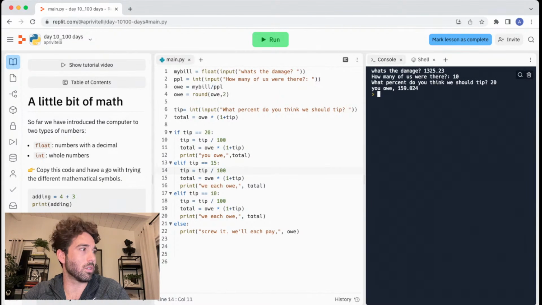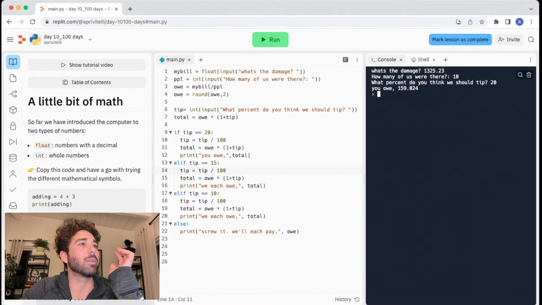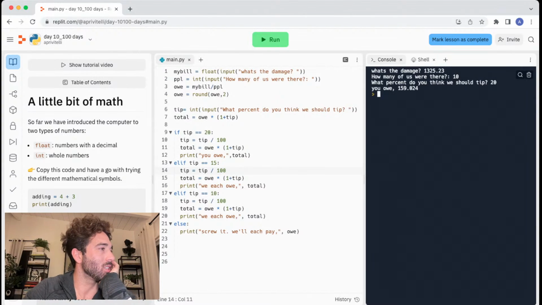Wait, it was 1.20, equals that, divided by 10. 159.024. Where did I screw up? 1325.25. Wait, how many? There's 10. How much do you think we should tip? 20. 1325.23. Why is this off?